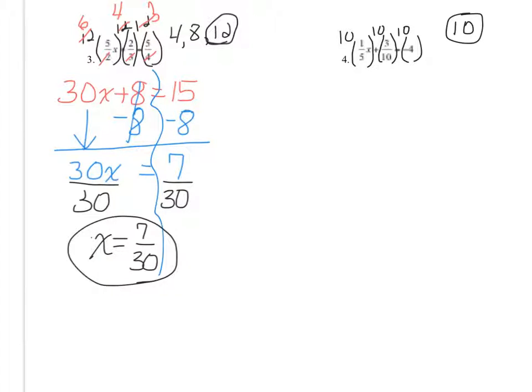Okay, next up. 5 goes into 10 2 times. Then 1 times 2 is going to be 2x.